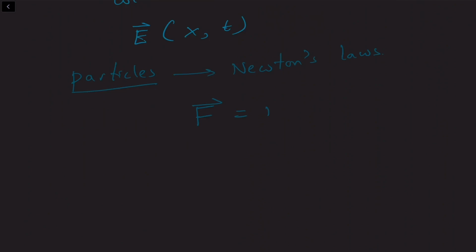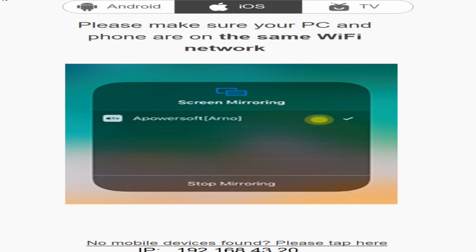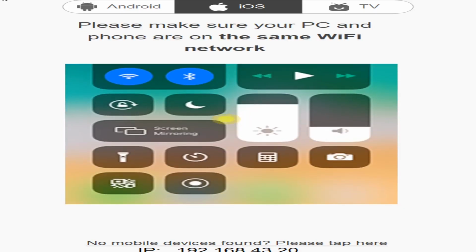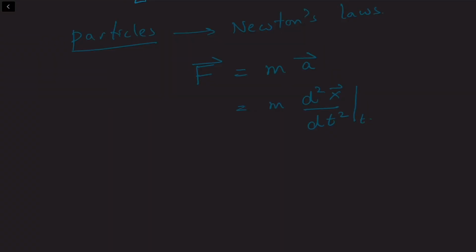So this is Newton's second law. Force is mass times acceleration. And the acceleration is the second derivative, or the rate of change of the particle's position as a function of time, where this derivative is taken at some instant of time t.